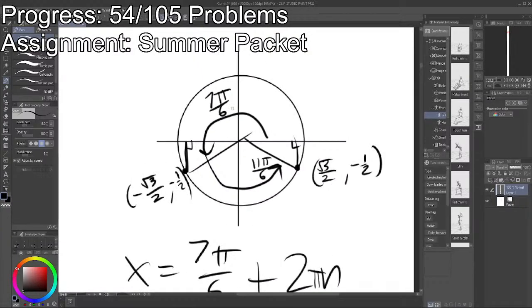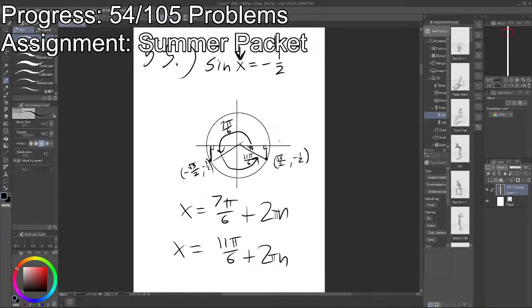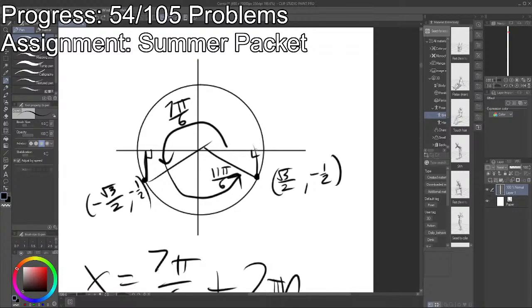I didn't draw the reference angles for these, so I'll do that real quick. Should be 45, maybe, no. Wait. No, it's 30, 60, 90. It's the same thing.